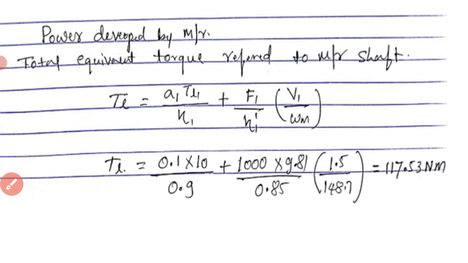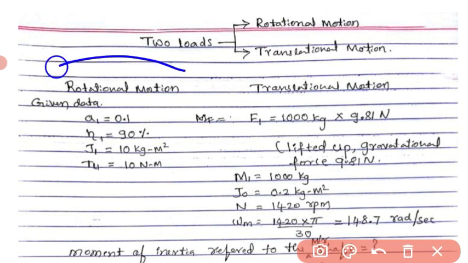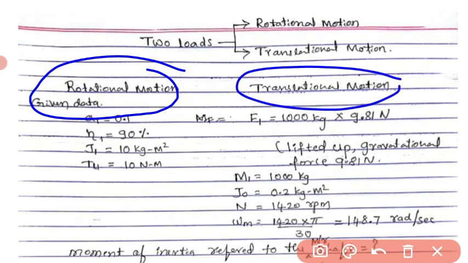I hope it is clear. First note down the data in this manner, so that it is clear that there are two motions, one rotational and one translational.